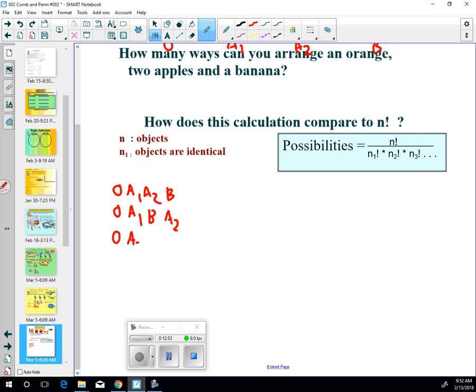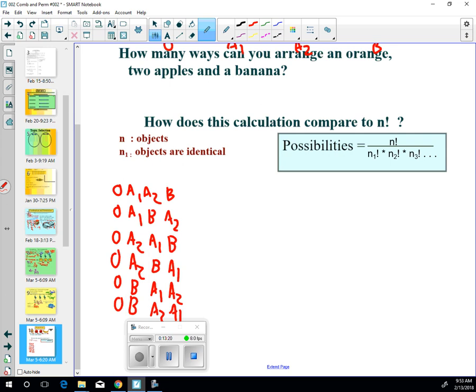O, A2, A1, B, O, A2, B, A1. And now let's put B next. B, A1, A2. And then we're going to have O, B, A2, A1.